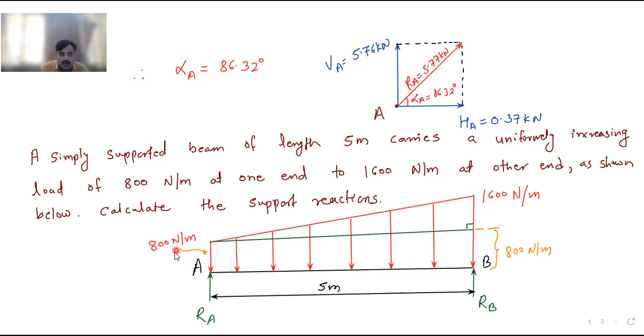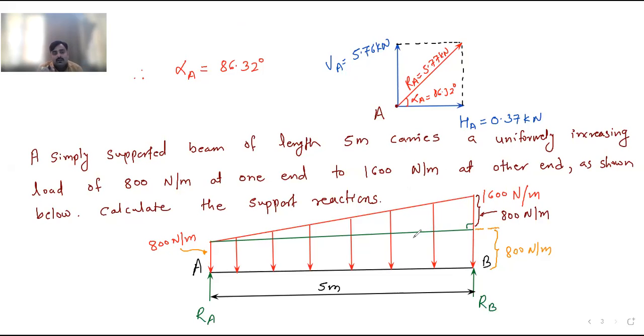This ordinate is 800, since we have dropped the perpendicular to this side and it has become a rectangular load. So what is remaining? The remaining ordinate will be 800. So this remaining ordinate for the triangle will be 800 Newton per meter.